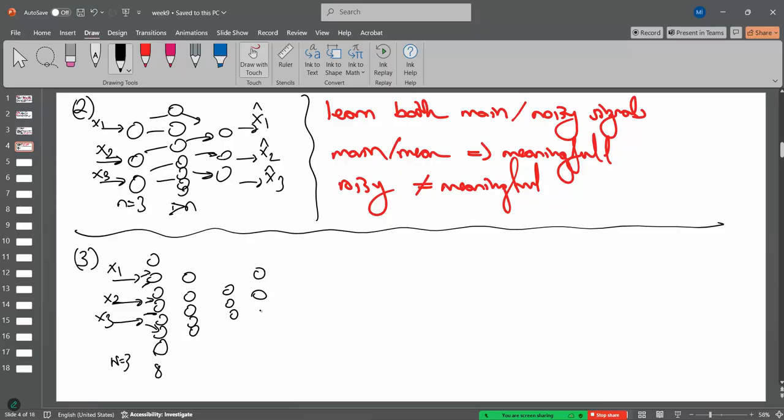After that, we can generate or use more neurons here, just like this one. And after that, we can generate x1 hat, x2 hat and x3 hat here.